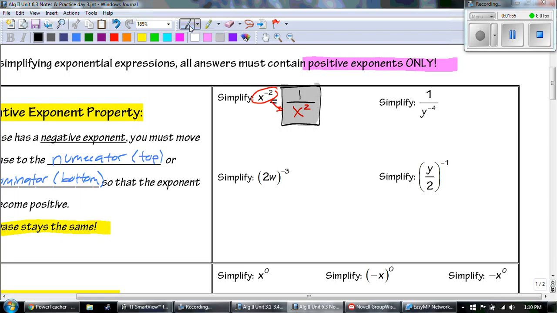For our next example, 1 over y to the negative fourth, my exponent's on the bottom, it's negative. If it's already on the bottom, I bring it to the top. Now the 1 is still there, but there's nothing on the bottom. I don't need to have anything on the bottom. So my final answer is just y to the fourth.